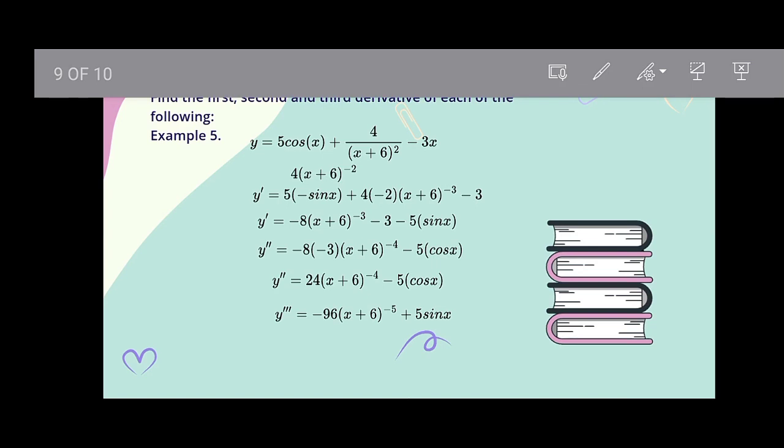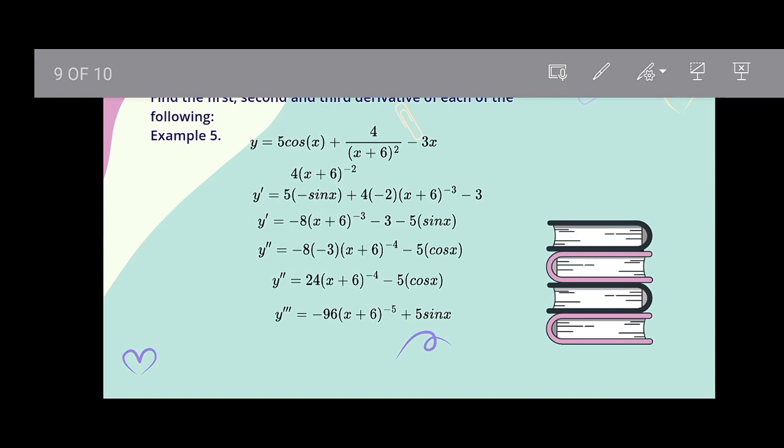For the third derivative, we will multiply 24 to negative 4, which is the exponent of x plus 6. So it will become negative 96, then times x plus 6 raised to negative 5, which is negative 4 plus negative 1 is equal to negative 5. Then the derivative of cosine x is negative sine x.